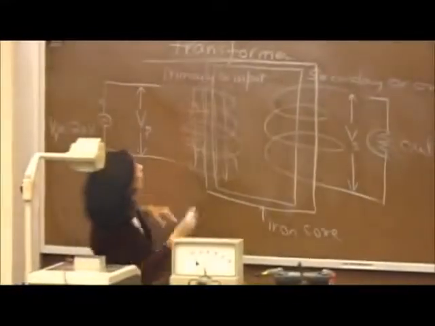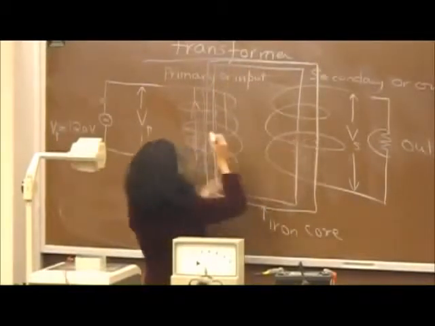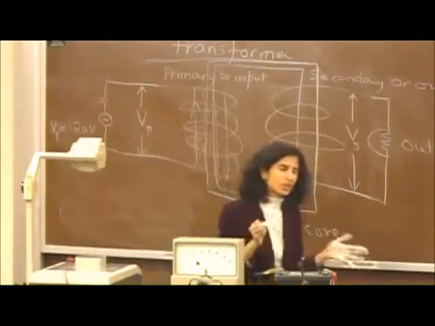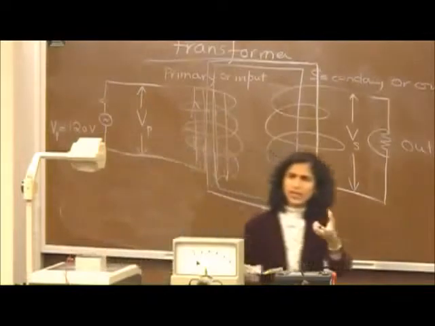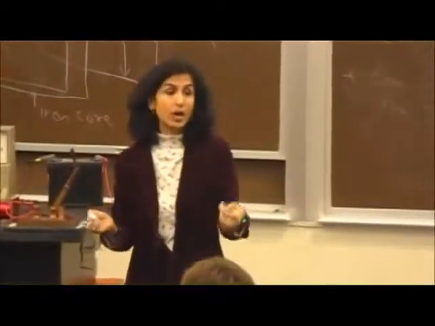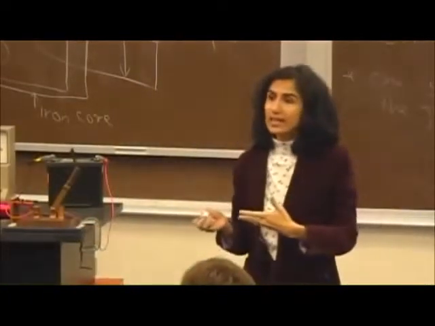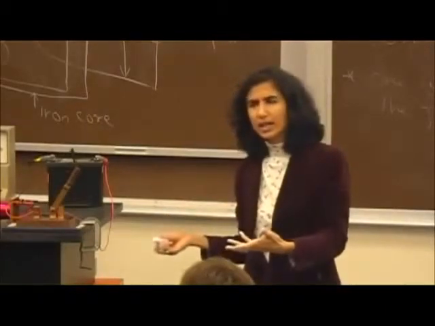Now suppose this coil was connected through this iron core to the secondary coil. We can assume, to a good approximation, again it's an approximation, it's not really perfect, that iron is a magnetic material. You know that, right? Because if you bring a magnet close to iron, it gets stuck to it. In a magnetic field iron gets magnetized and its spins line up, so it starts behaving like a magnet.